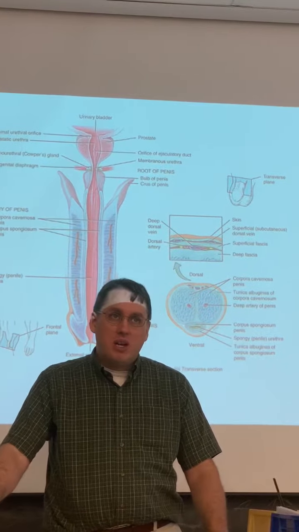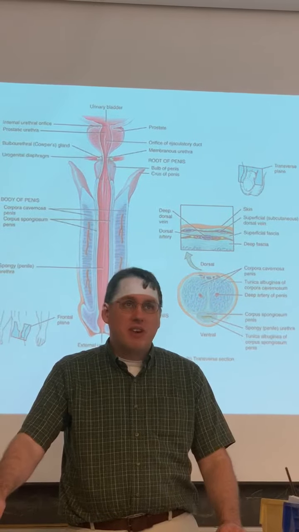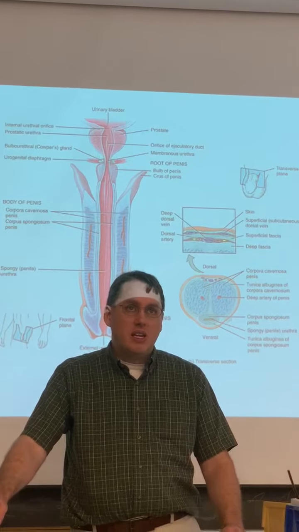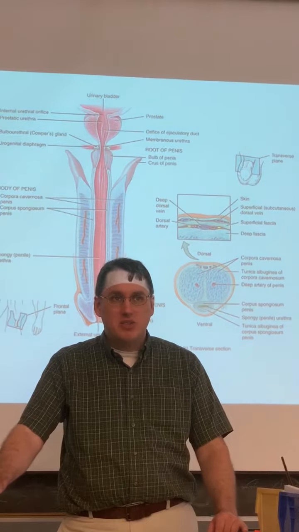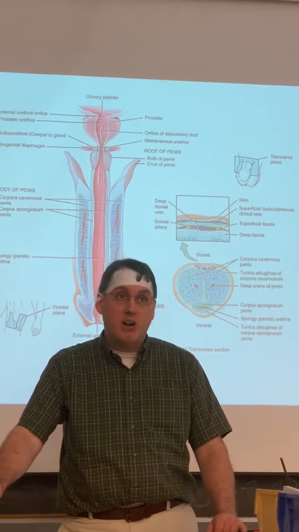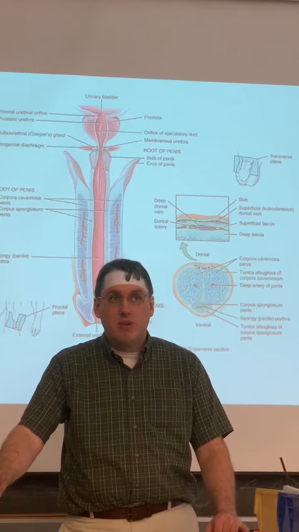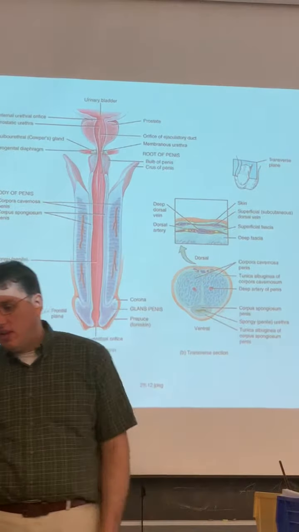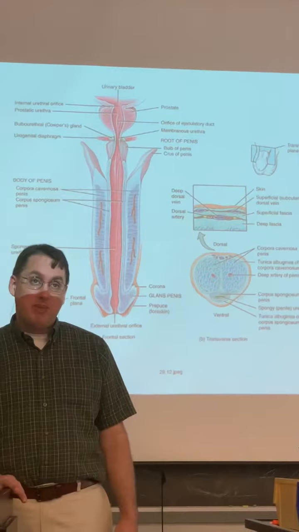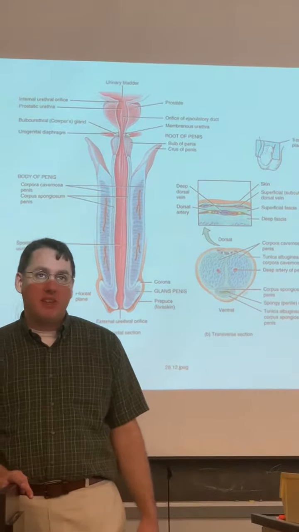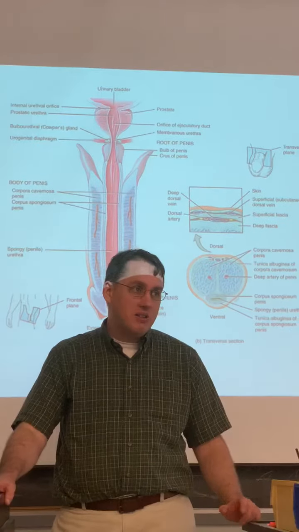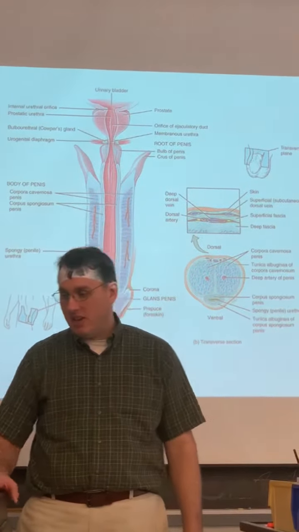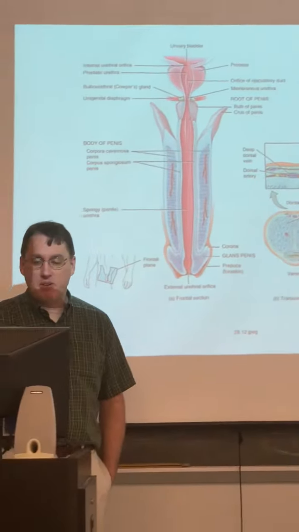There's also a study in South Africa, and it appears that having a circumcised penis makes you slightly less likely to acquire HIV as a male from a female. And probably the biggest potential health benefit is that penile cancer is pretty much always a cancer of the foreskin. So if you don't have one, you're not going to get penile cancer. Very rare.